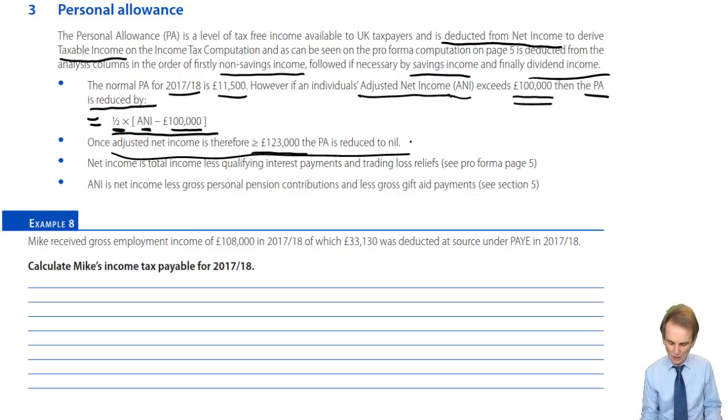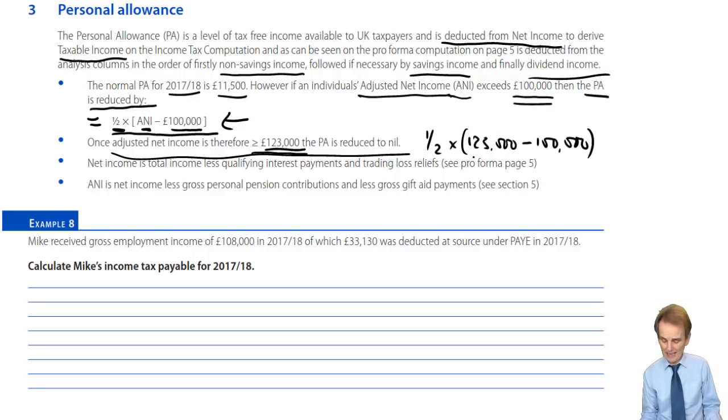Look at what that reduction would be if we had an adjusted net income of 123. We would have, following this calculation here, half times adjusted net income, assume it's 123, minus the given income limit, 100,000. That excess of adjusted net income over income limit is 23,000.